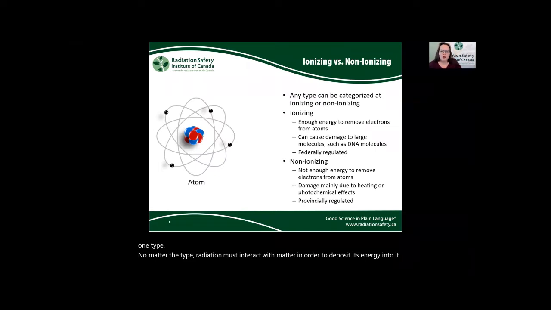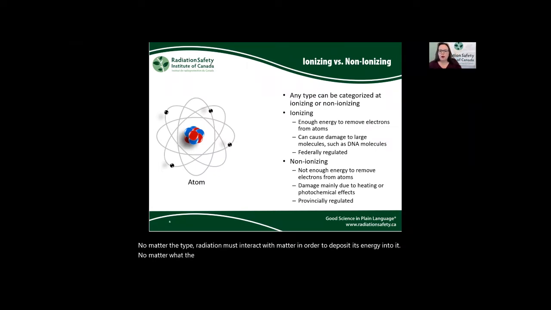No matter what the source, radiation can be categorized as ionizing or non-ionizing. Ionizing radiation has enough energy to remove electrons from atoms. When this happens, it could cause the bonds that hold molecules together to break apart. On a larger scale, if this type of radiation hits living material, it could kill cells or cause damage to their DNA.